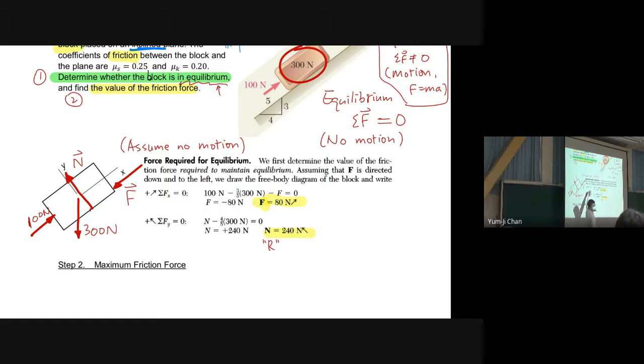It's up to you, okay? As long as you have two equations, it is fine. You can use this one as x and this one as y. It's also okay.